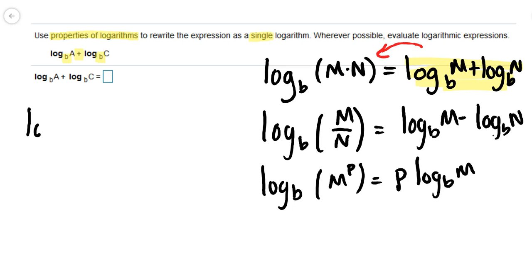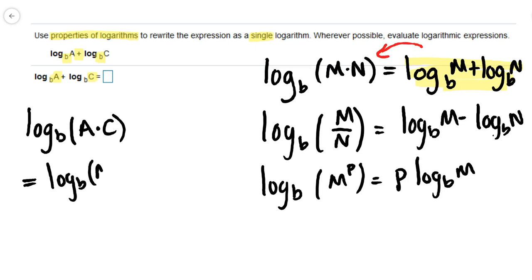So I'm condensing to a single log base b, and because my first factor is a and my second factor is c, I'm going to multiply those two together. So to condense to a single log, I'm getting log base b of a times c.